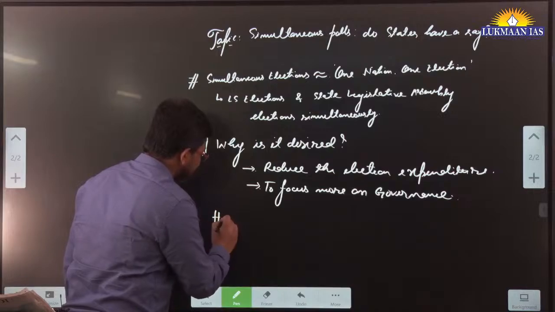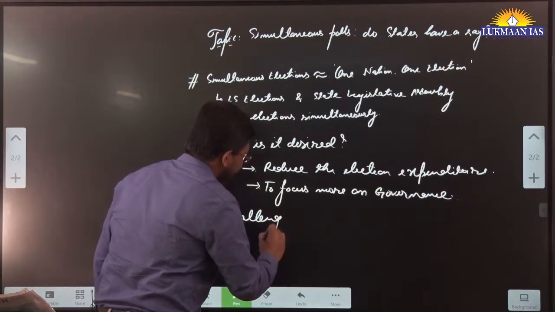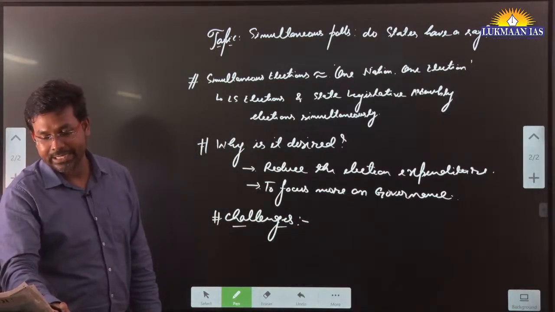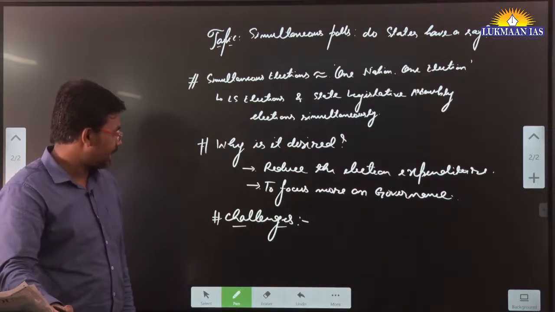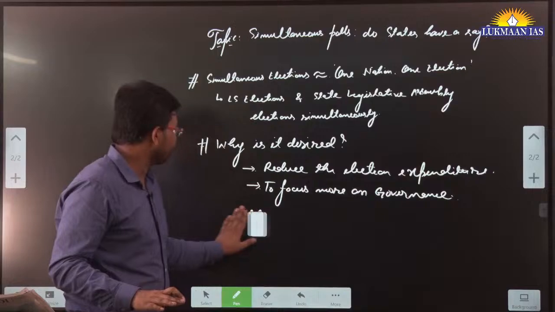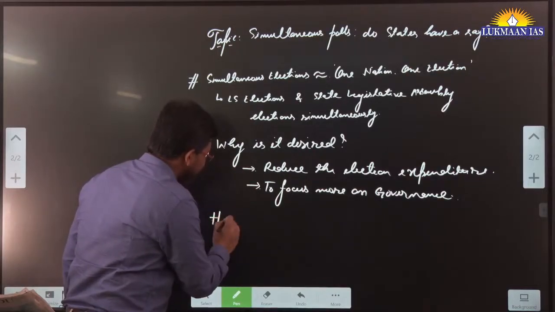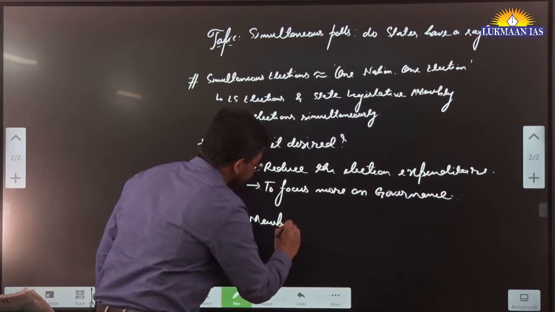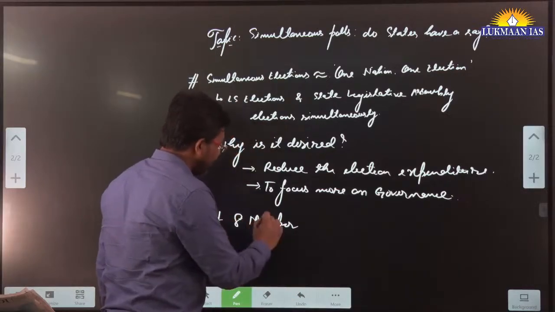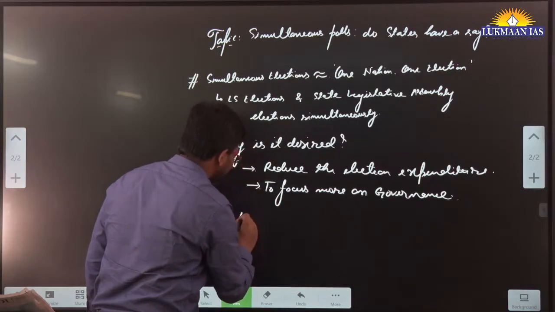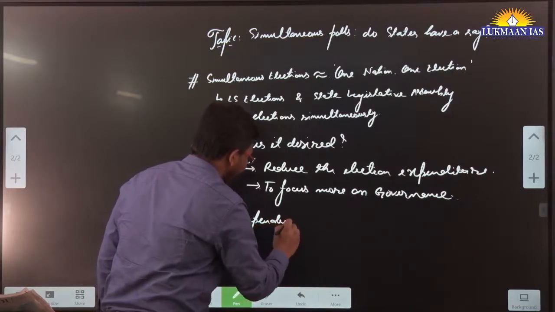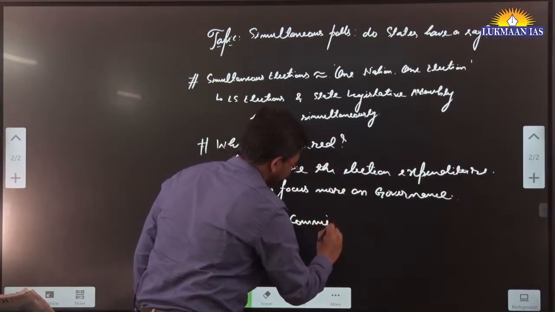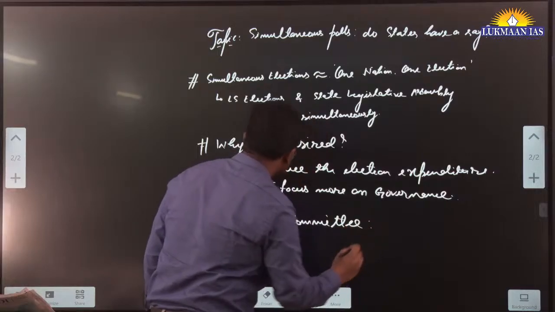But what are the challenges that are associated with it? Those challenges have been mentioned in this article. For the purpose of conducting simultaneous elections, the central government of India has created an 8-member panel, an expert committee.